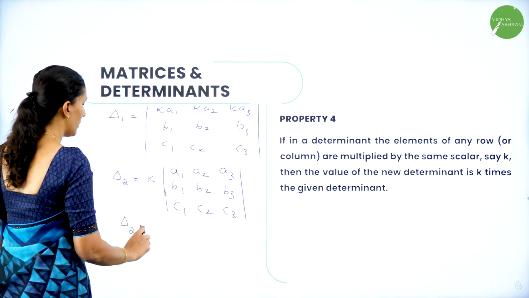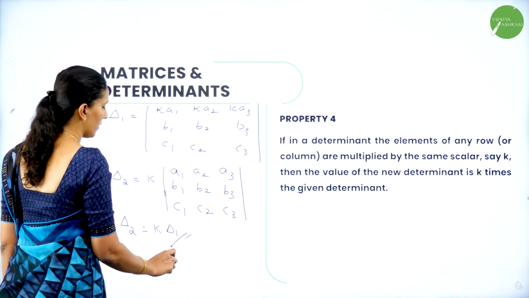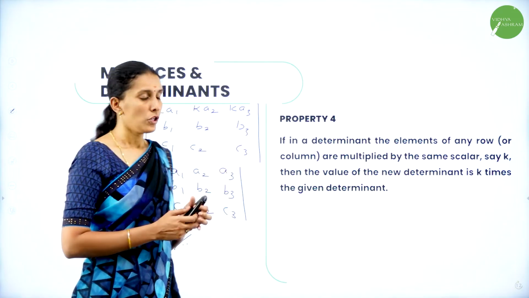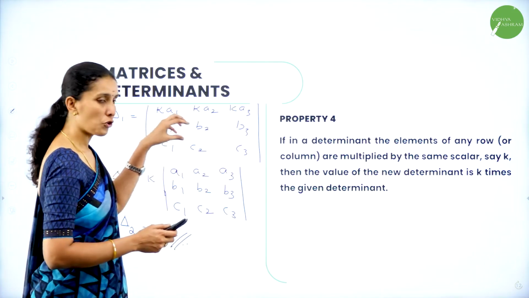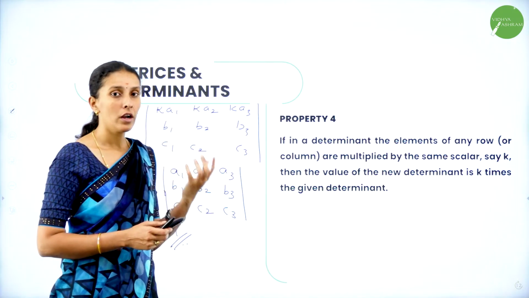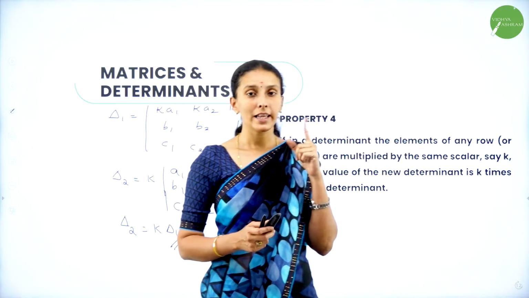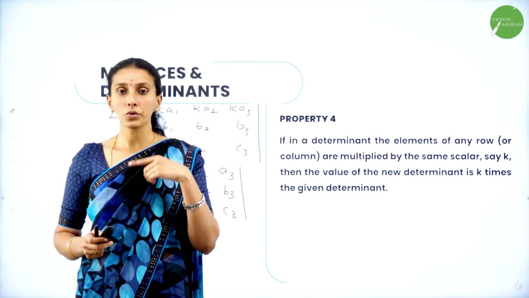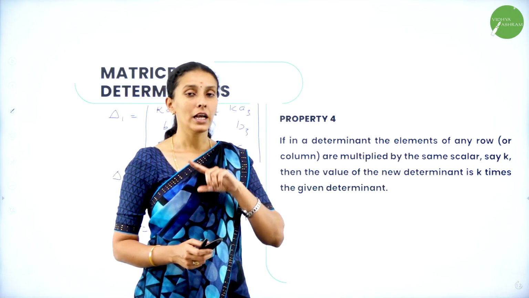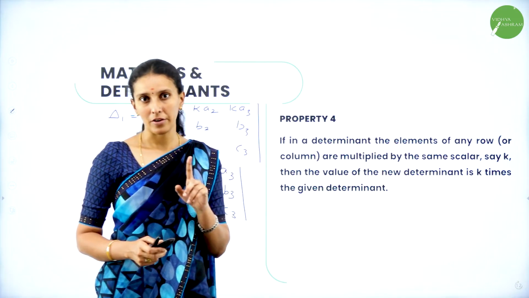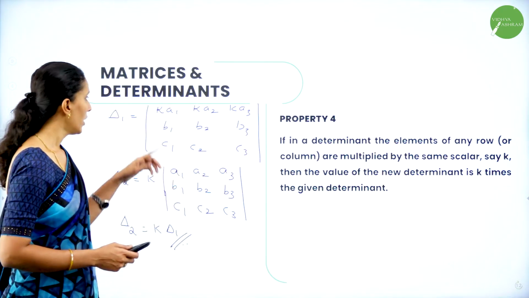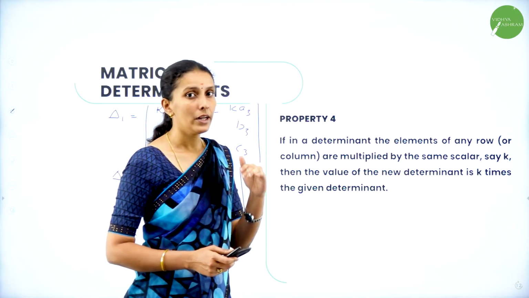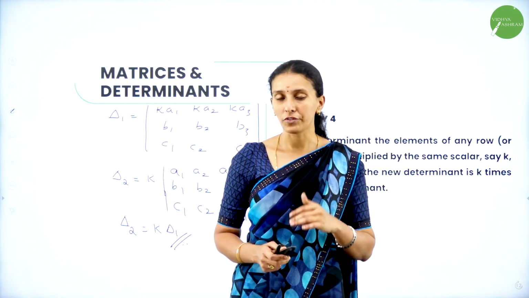So delta 1 can be written as K into delta 2, by taking K as a common factor from any row. You can take a common factor from each row and each column whenever you are doing the determinant. But in matrix multiplication, when you multiply a scalar to a matrix, you have to multiply k to all the elements inside the matrix. In the case of a determinant, the scalar multiplies any one row or any one column.